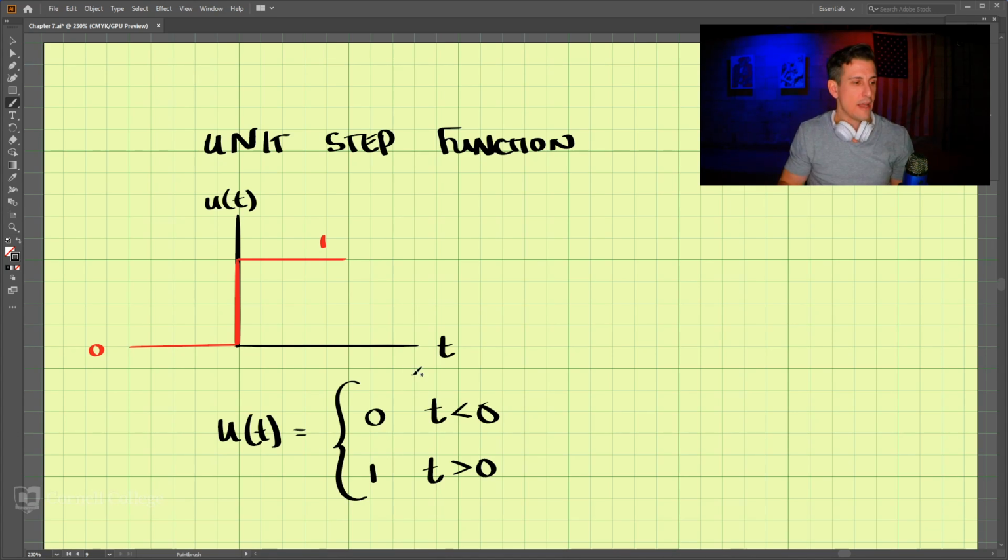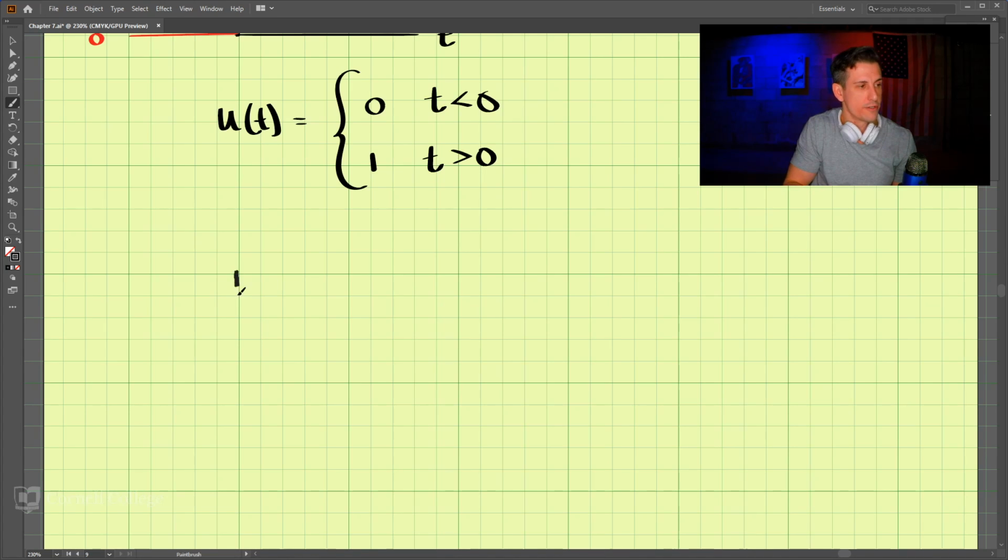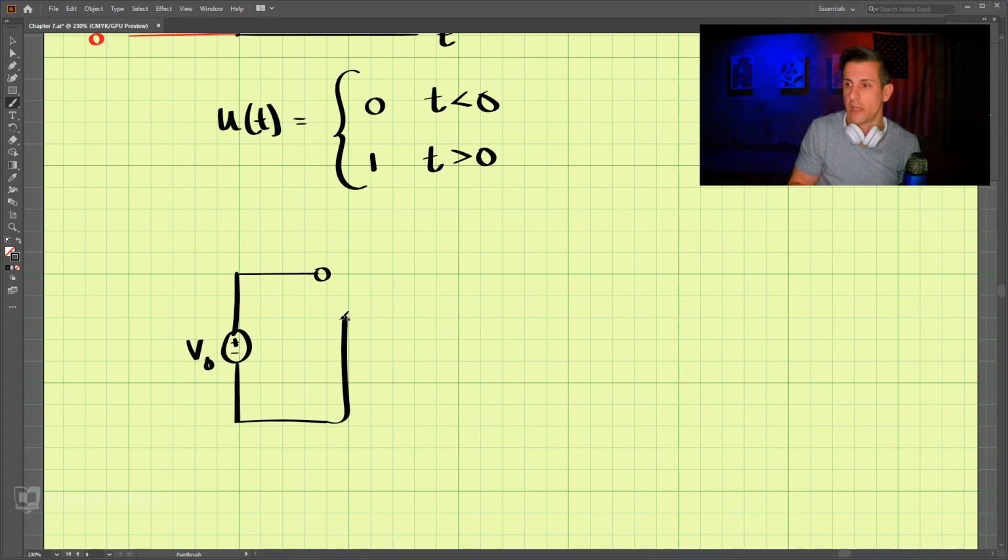So, for example, if we have a voltage source, and we'll call this V naught, and right now it is disconnected. So it's connected in this manner. And we have A and B here.